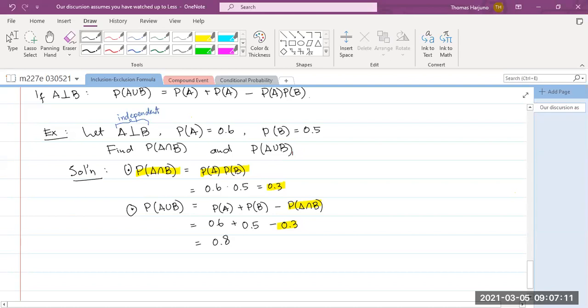Now this tends to be on the easy side though, especially because I asked you what is probability of the intersection first. Now the following is on the hard side.